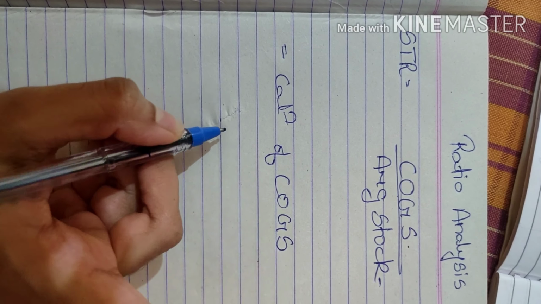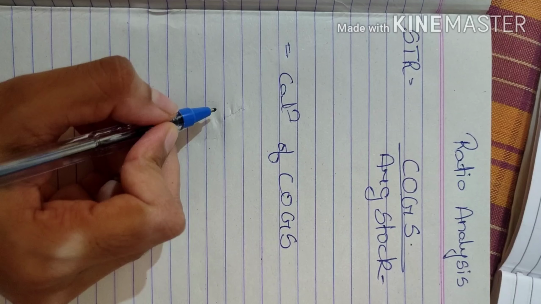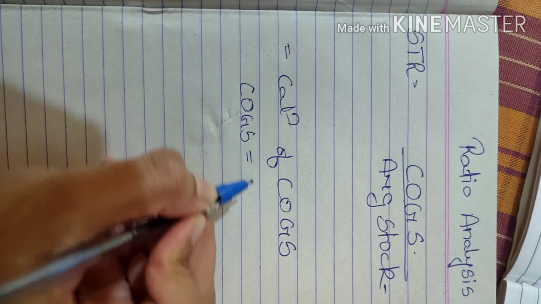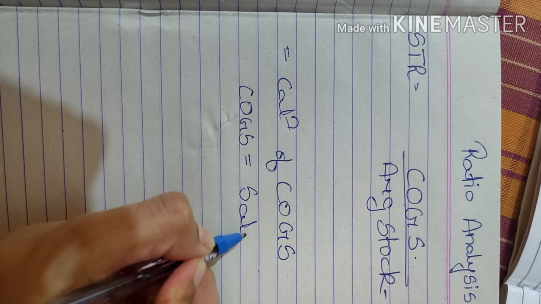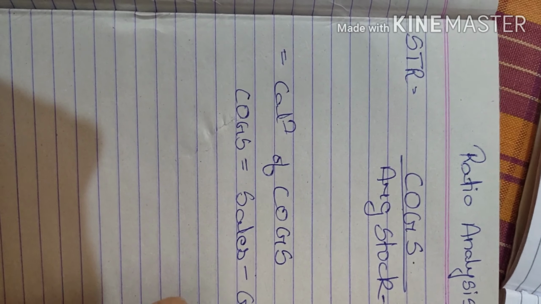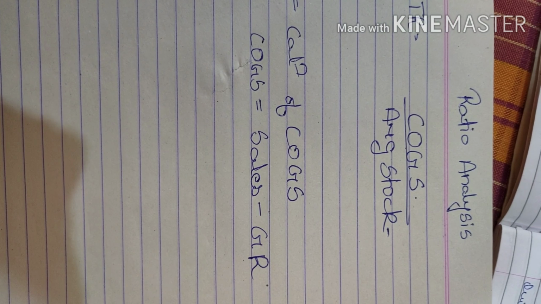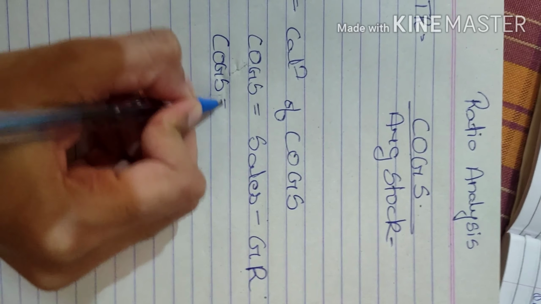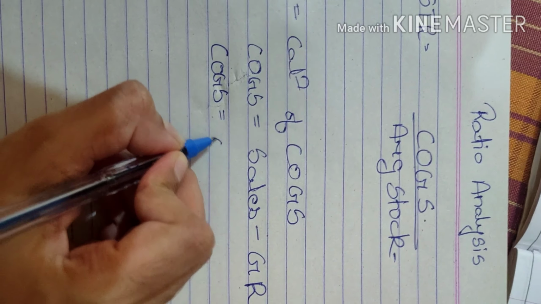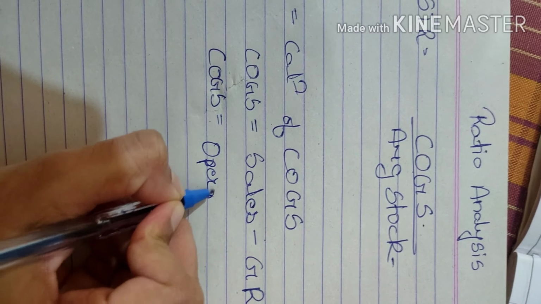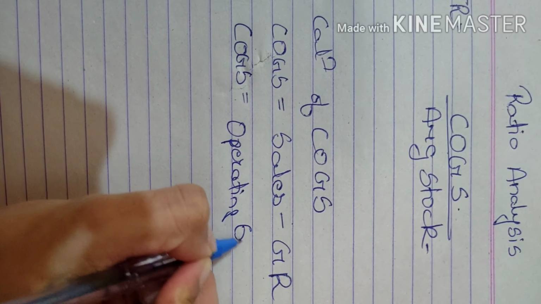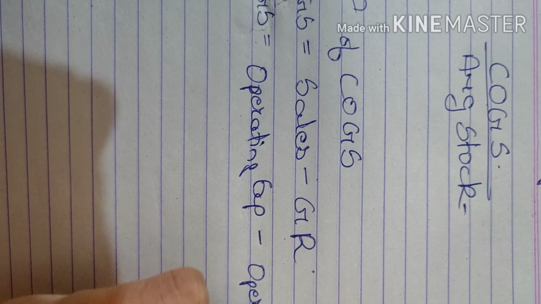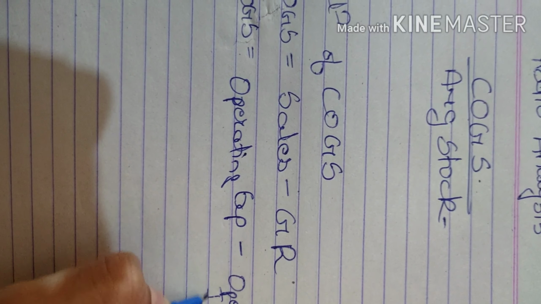Here we have two formulas to calculate cost of goods sold. The first formula is cost of goods sold is equal to sales minus gross profit, or the next formula is cost of goods sold is equal to operating expenses minus operating income.